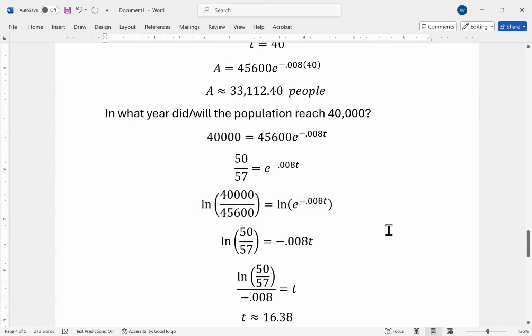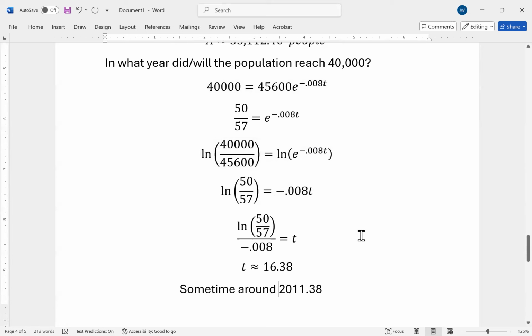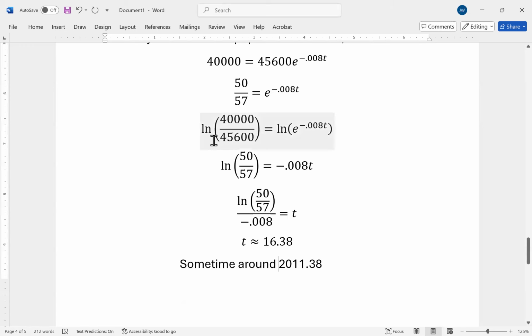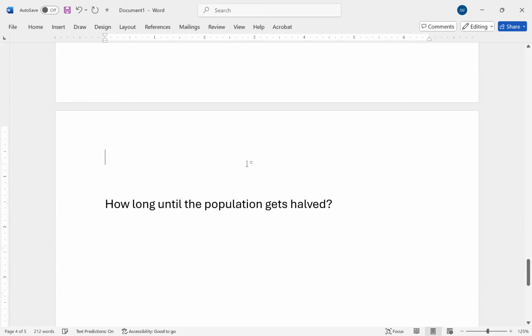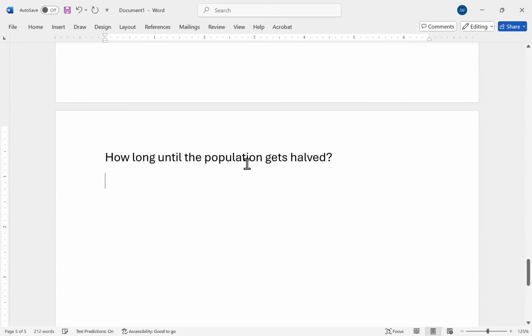But the key there is I just set 40,000 equal to the amount and then solve for t using the techniques that we already know. Application, applying natural log to both sides. Now, the next one says, how long until the population gets cut in half?